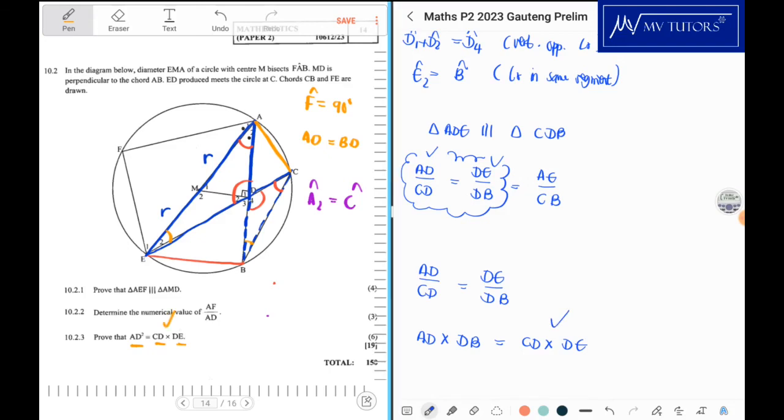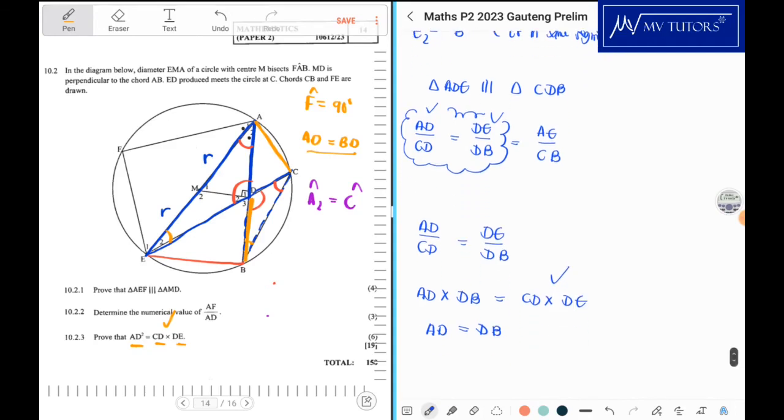Now I just need to show that DB is actually equal to AD. Where is DB again? This is DB. So how do I show that DB is actually equal to AD? Oh, so we were told that AD is actually, I actually wrote it here. AD is equal to BD, right? Or DB. Let's just write it as DB rather. So AD is equal to DB.